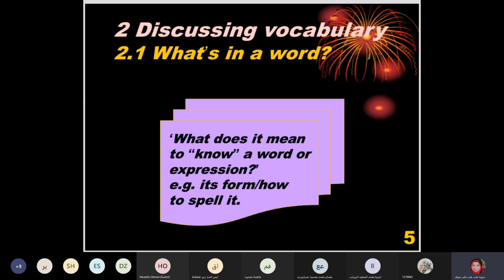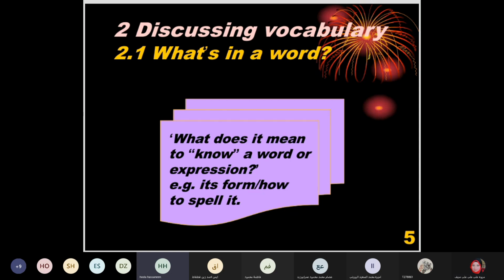So, what does it mean to know a word or expression? What does it mean? Okay, who is it? Just introduce yourself and speak. Miss Huda Hassan. Okay, hello, Miss Huda. Go ahead.